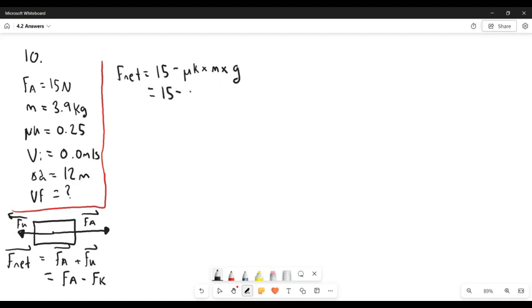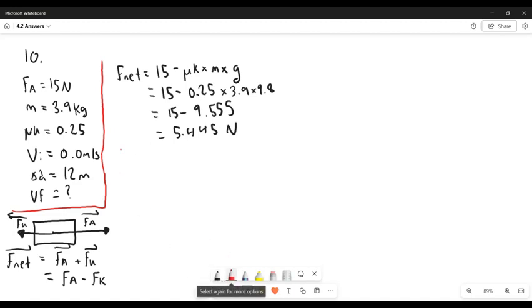So we can rewrite it as 15 minus 0.25 into 3.9 into 9.8. And if you were to solve all of this, it should give you 5.445 newtons.